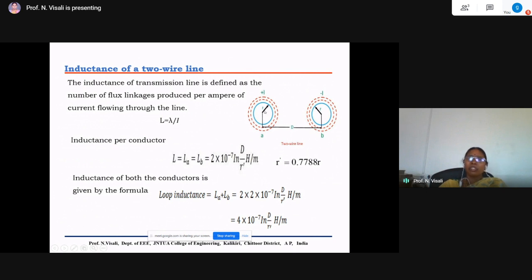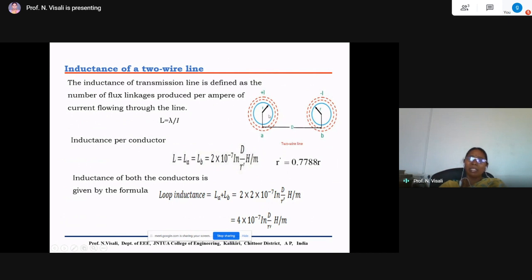So suppose we consider a single conductor or two-wire line conductors, for this type of conductors you have to calculate the inductance. So how are you going to find the inductance? To find the inductance, the main aim is to find the flux linkages. To find the flux linkages, we will calculate the distance between these two conductors and the radius of this conductor, and we can simplify those relations and get the inductance per conductor.